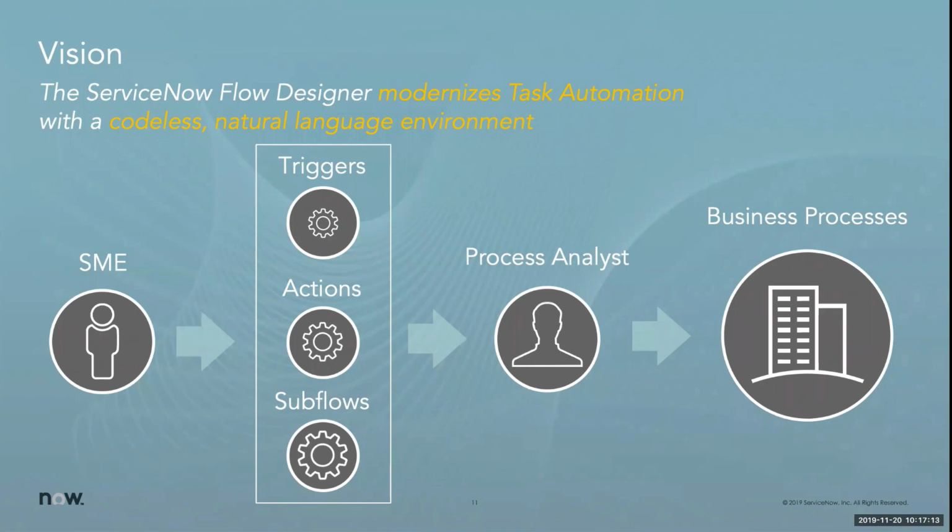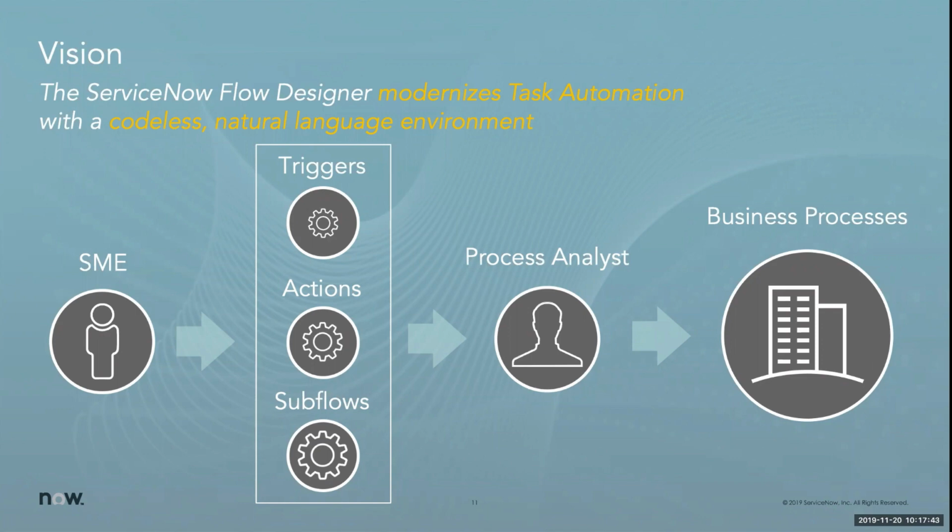So maybe that trigger is a new record gets created in ServiceNow, or an incident gets created in ServiceNow. We can then take action on that record. Okay, so if an incident is created in ServiceNow for something like my laptop, that action is actually going to be, we're going to send that issue to another ServiceNow instance through our e-bonding spoke, because we have another company that takes care of our laptop support.